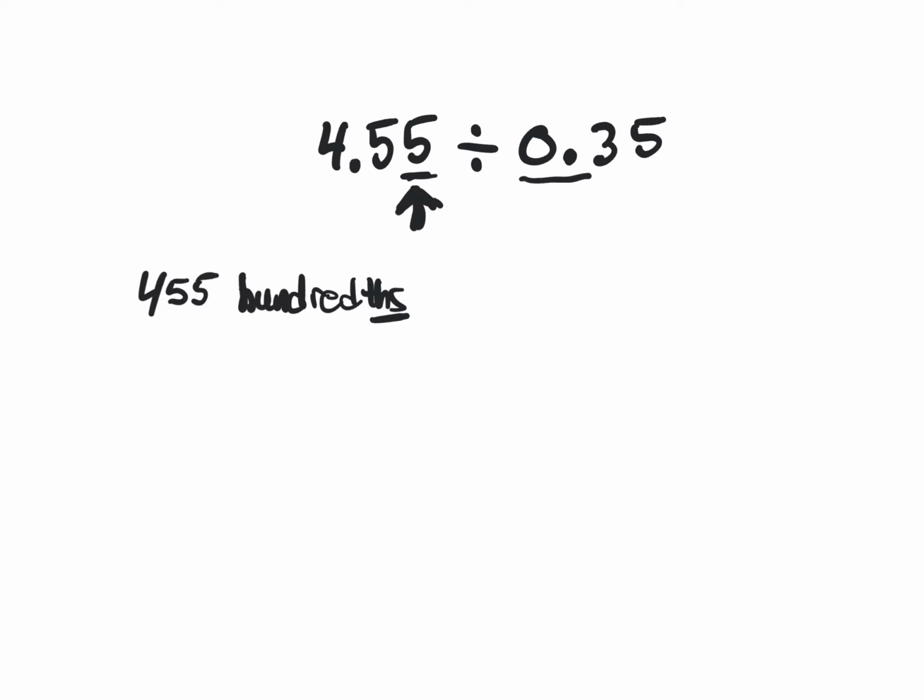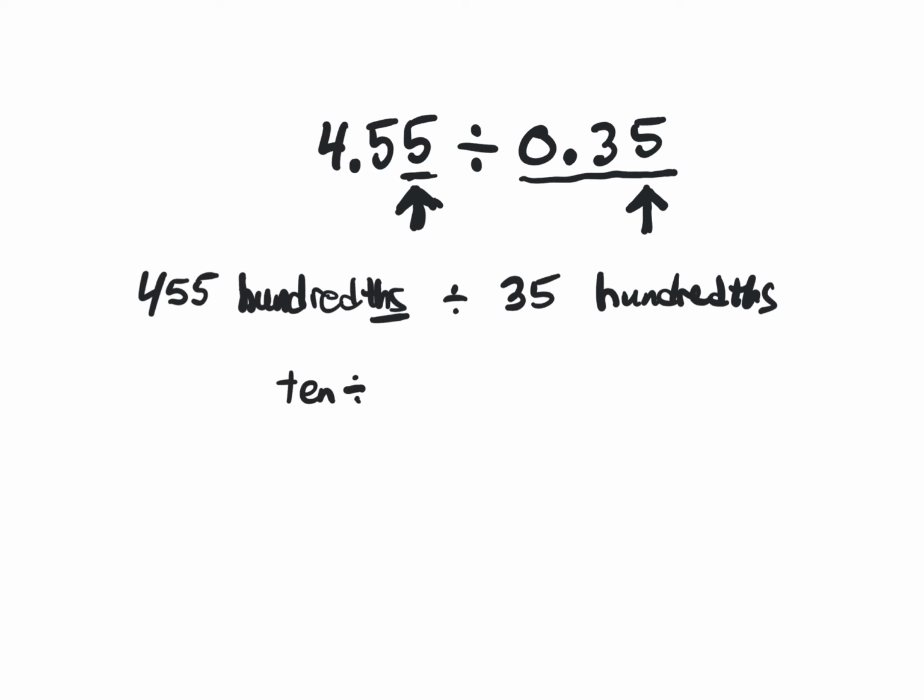Over here, how many hundredths total do we have? Well, we read the whole number, and then we say hundredths in the hundredths place. So over here we have 35 hundredths. Now, if you remember when we were dealing with multiplication, we talked about 10 times 10, or 10 divided by 10 equals 1.